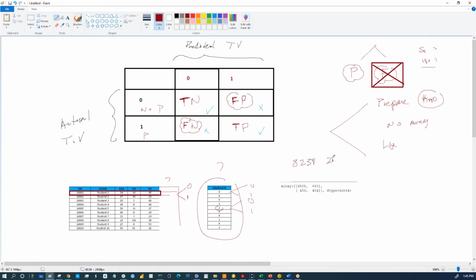And this is the 20% of the entire 41,188.